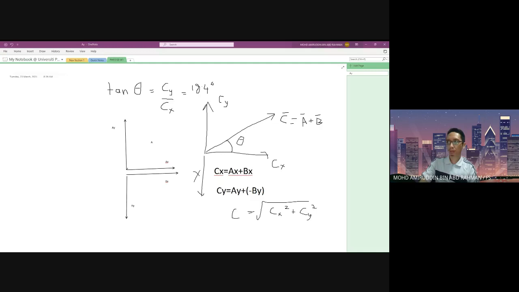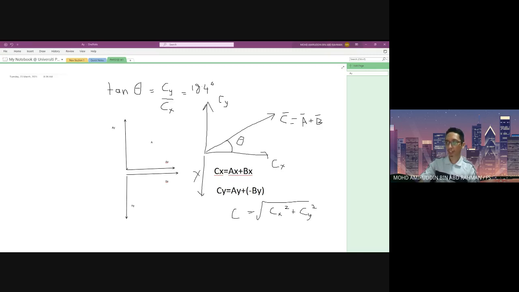CX is equal to AX minus BX. For the Y component, CY equals AY, and because B is also minus, minus minus is addition, so AY plus BY.